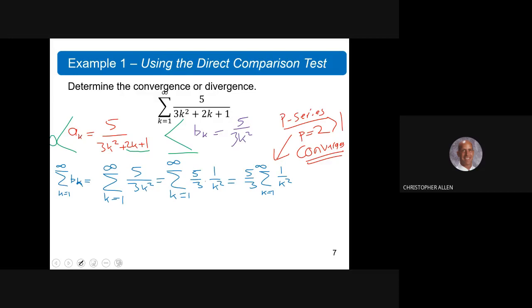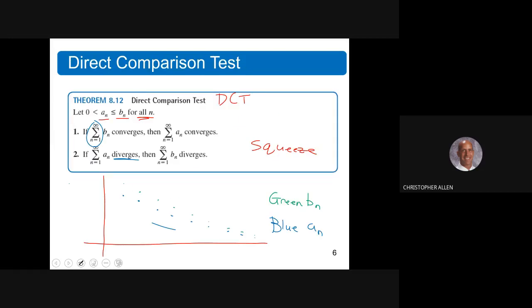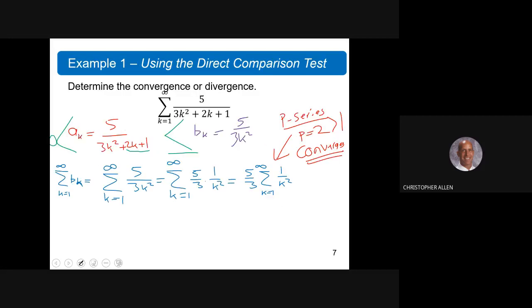Now, let's go back to our theorem. Our theorem 812, which is the direct comparison test, says if the bigger series converges, guess what has to happen to the lesser one? It has to converge as well. So did I just show you that the bigger series converged? Yep. And since the bigger series converged, now I can draw my final conclusion.